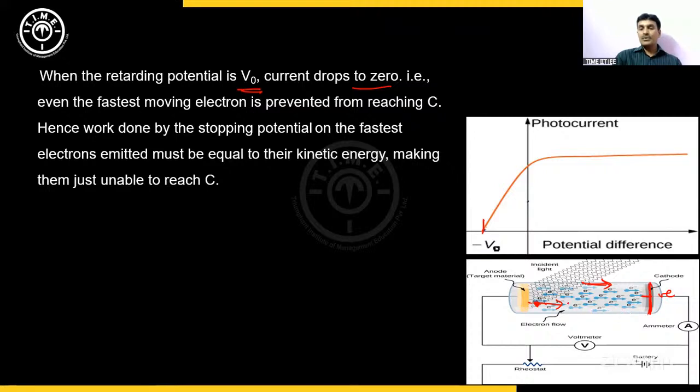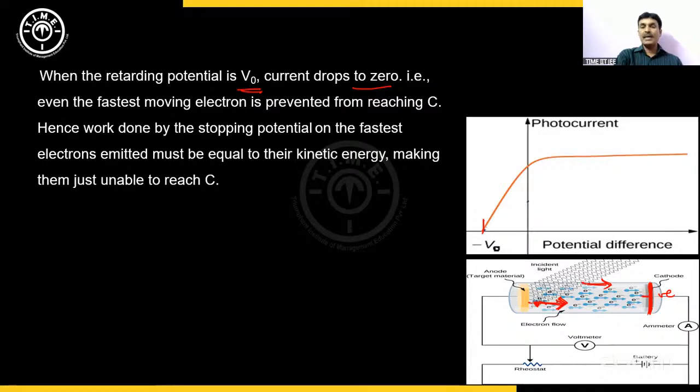So when this electron with high kinetic energy is stopped, there is a change in kinetic energy. From the work energy theorem, we know the change in kinetic energy is equal to the work done. So the work done by this negative potential becomes equal to the change in kinetic energy of the fast moving electron.